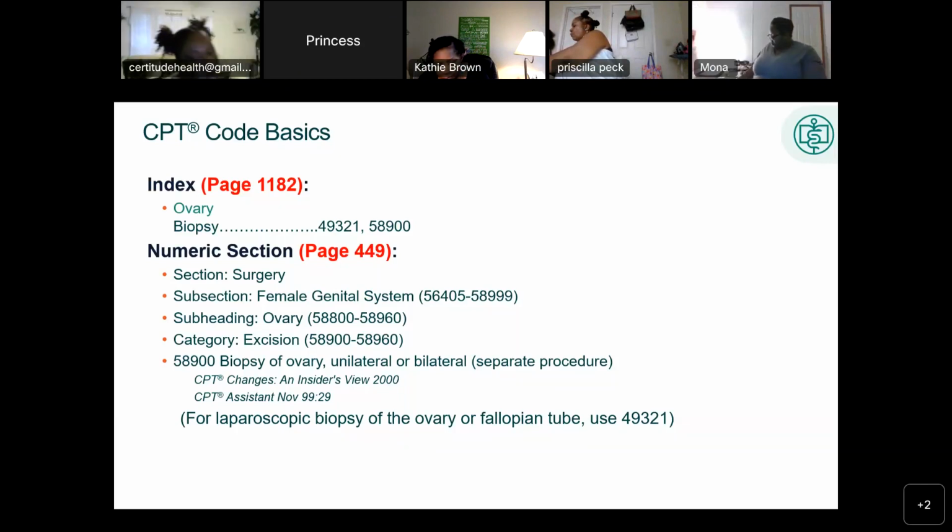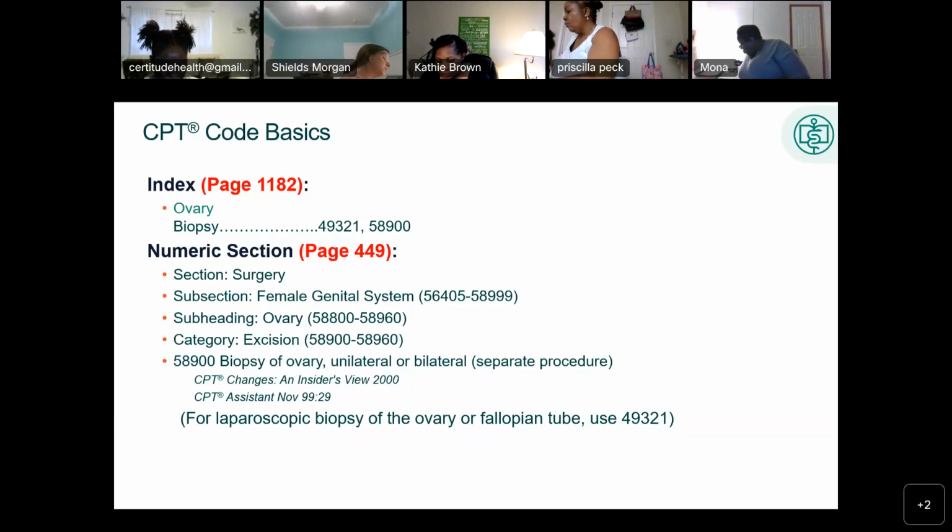Go to 49321, but how do you do that? Because it's not in order. Is it laparoscopy? Well, are we on page 449 or 1182? No, actually it's 1182, but you said page... go to 49321.